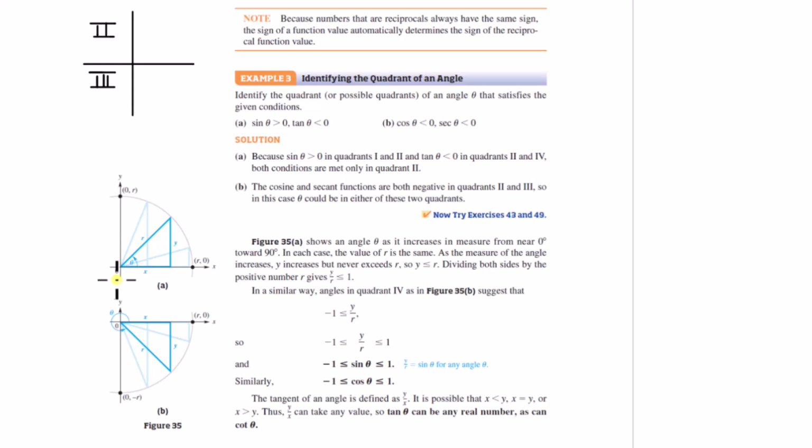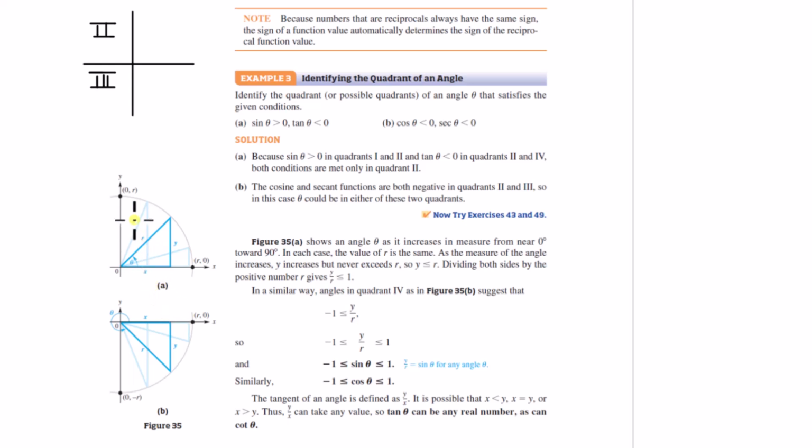Cosine and sine will never be greater than 1. No matter what r you pick, you could pick a huge r, or you could try to make y or x as large as you want. It doesn't matter, they're never going to be greater than r. Only at certain quadrantal angles are they equal to r. So sine and cosine can never be greater than 1.